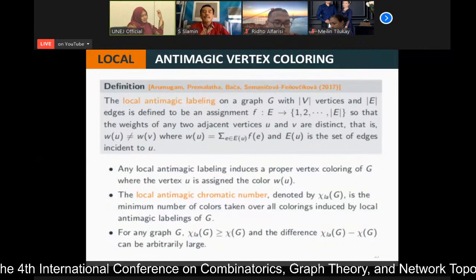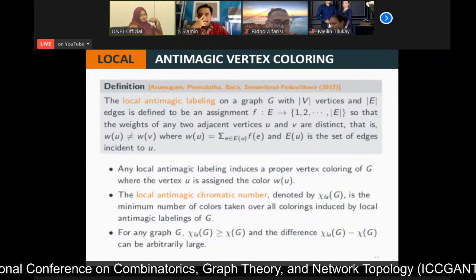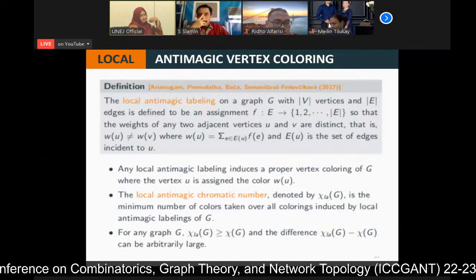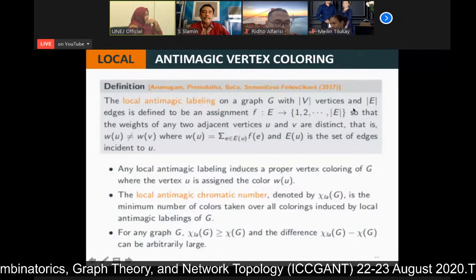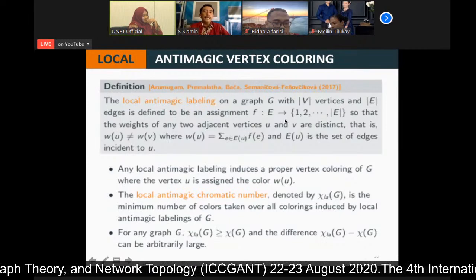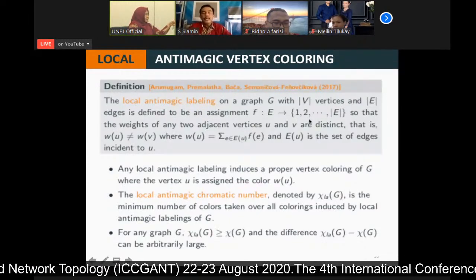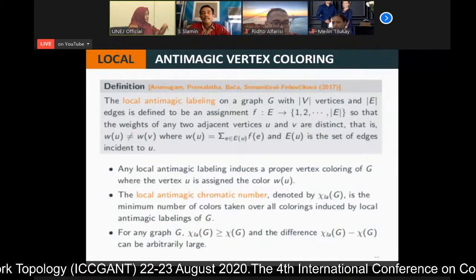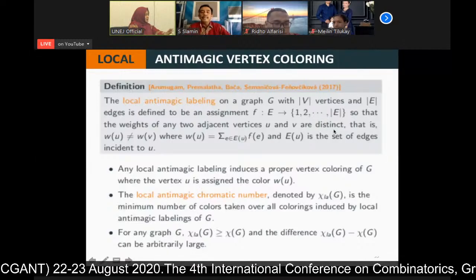In 2017, a local anti-magic labeling on a graph G with V vertices and E edges is defined to be an assignment f of the edges by 1 up to the number of edges, so that the weights of any two adjacent vertices u and v are distinct.